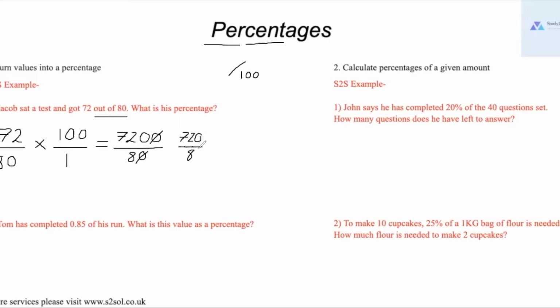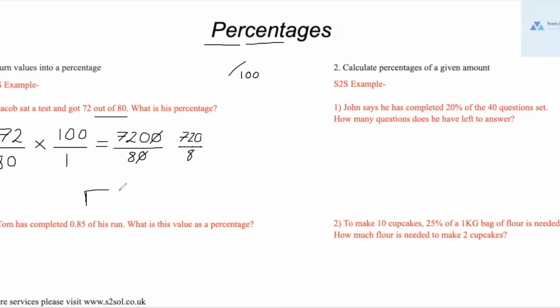However, the key thing with factorizing or simplifying our fractions is that you need to make sure whatever you do to the bottom, you do to the top to keep your fraction equivalent. You can stop where you feel like you can do the division. You could have done 7,200 divided by 80 if that was no problem for you, or you can continue to make it more simplified until you can do it in your head. So we can stop here.